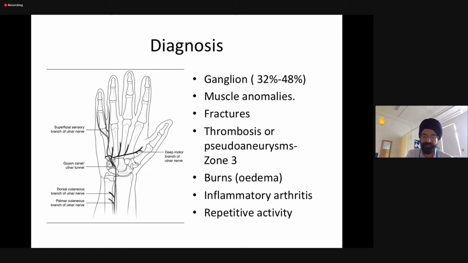Thrombosis or pseudoaneurysms are seen exclusively in zone 3, involving the sensory branches and causing sensory symptoms. Burns and inflammatory arthritis can cause edema, which leads to nerve compression. Sometimes nerve compression happens in young people because of repetitive activity, and that can also lead to symptoms.